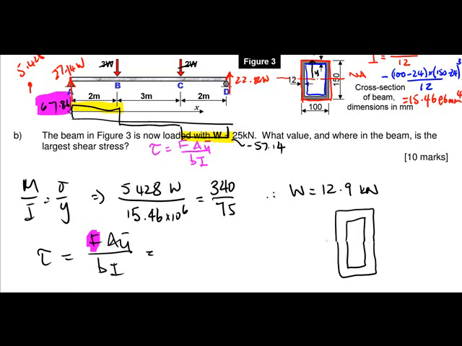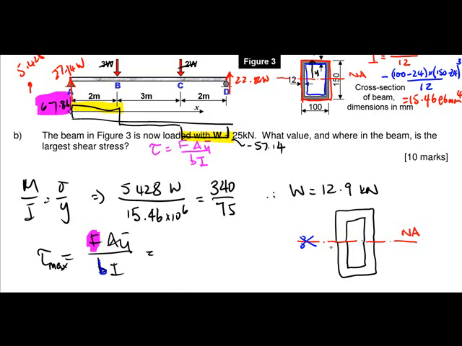The neutral axis is in the middle. The shear stress distribution is always maximum at the neutral axis, 0 at top and bottom. So if we want the largest shear stress, tau max, then we make a cut at the neutral axis level, and B is the length of that cut.